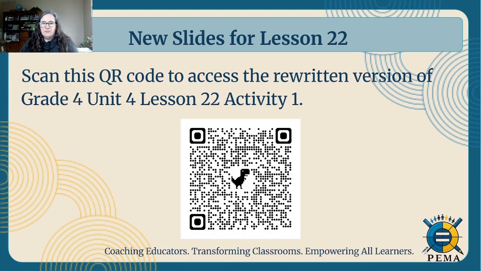Okay, now that we went over the strategies that are on the answer key for the last part of number 8 on the unit assessment, scan the QR code below to get to a rewritten version of Lesson 22, Activity 1.